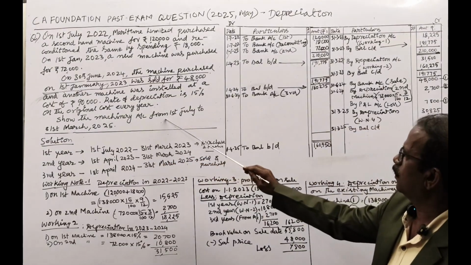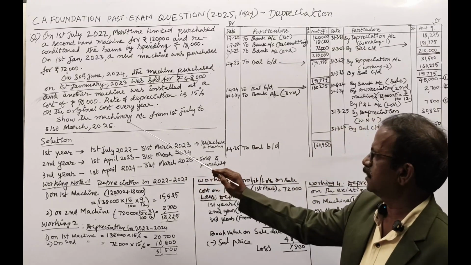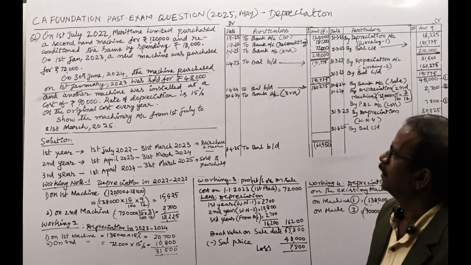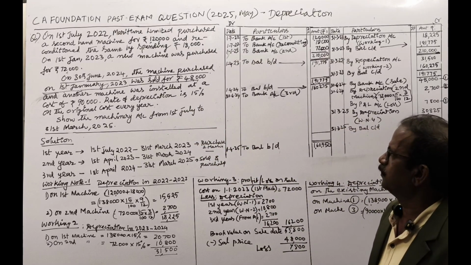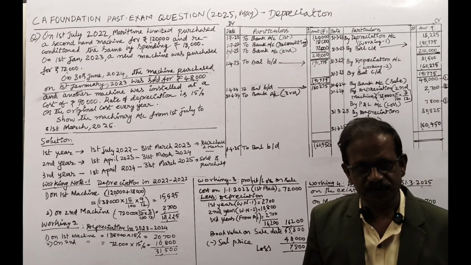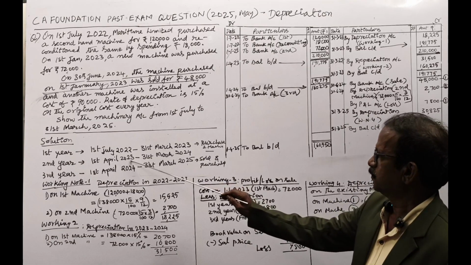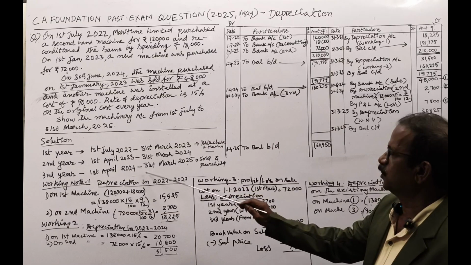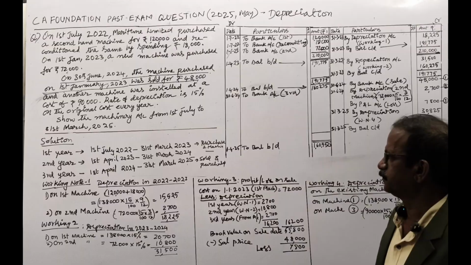Now, show the machinery account from 1st July 2022 to 31st March 2025. After reading the question, what do we have to do immediately? What are the years for which we have to prepare the machinery account? It should be written like this so that you will not get confused while solving the question.